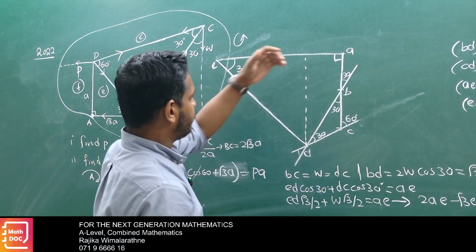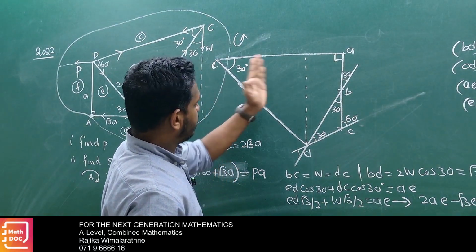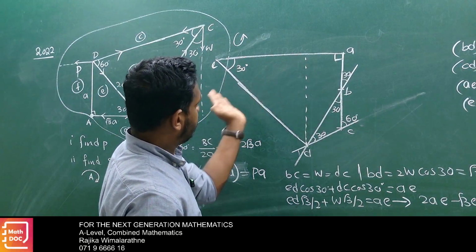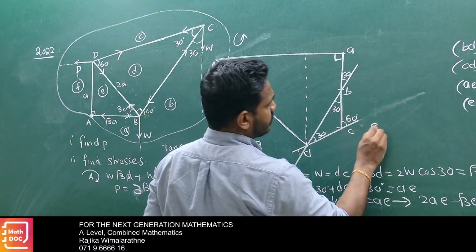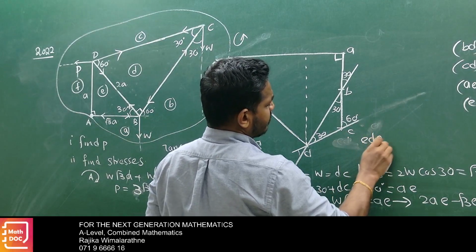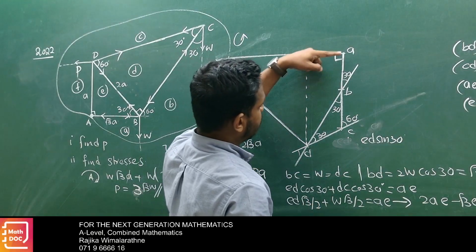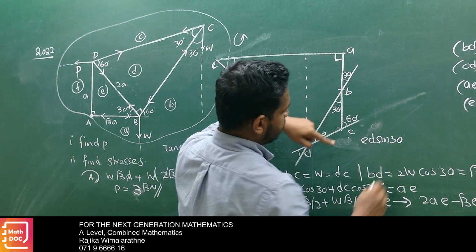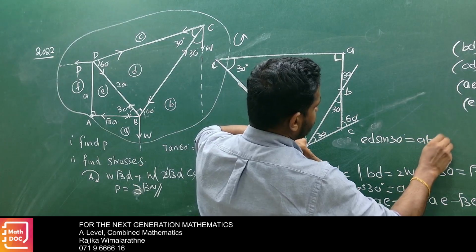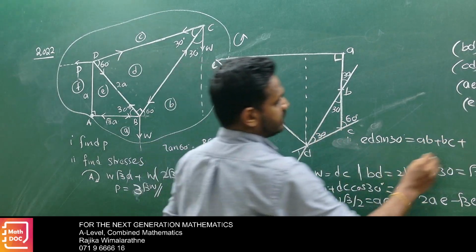Then at the same time, here ED sin 30 equal AB plus BC plus DC cos 60.